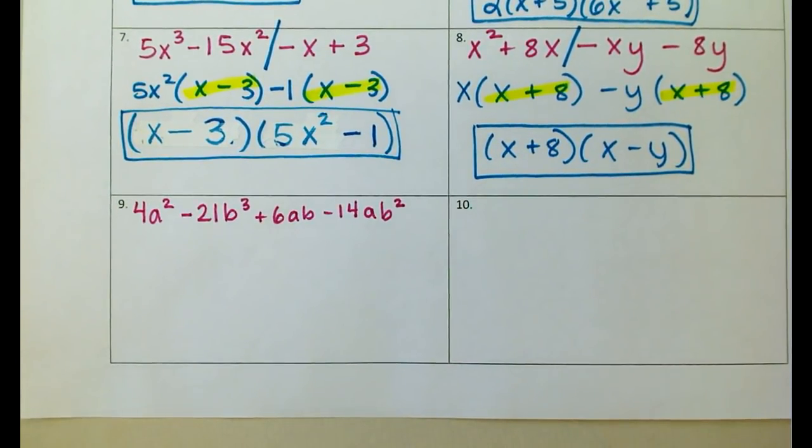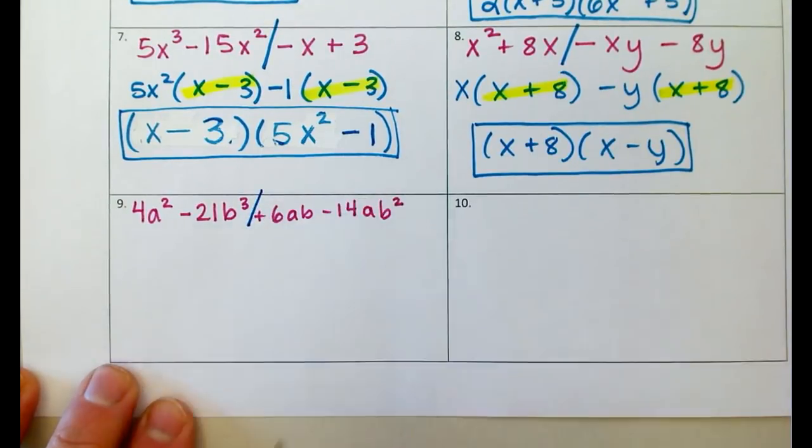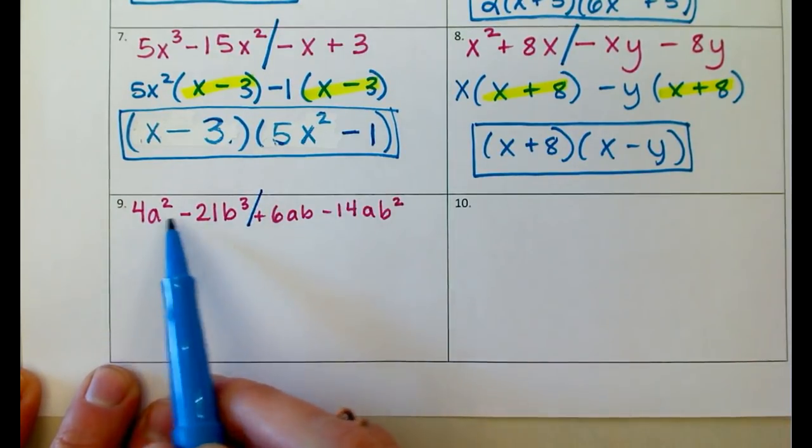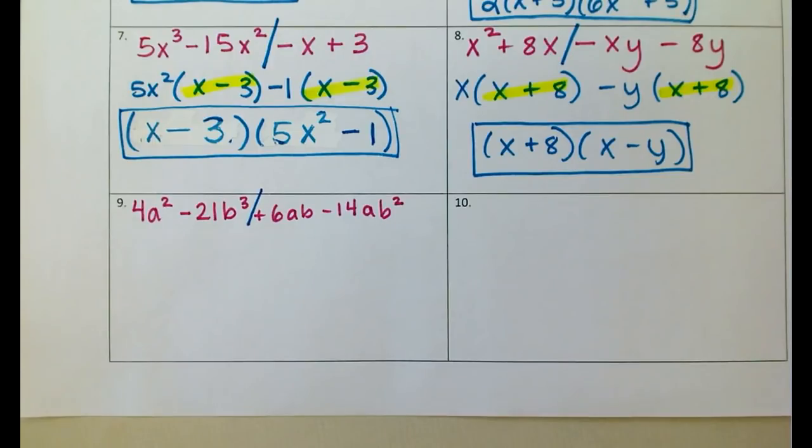Looking at this problem, if I'm splitting this in half, my first 2 terms here have nothing in common. 4 and 21 do not have numbers in common. A squared and b cubed, we have no variables in common. Sometimes this happens. If it's not in common, we must rearrange the equation to make it factorable.